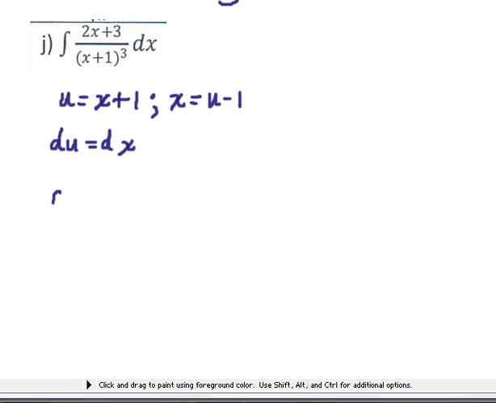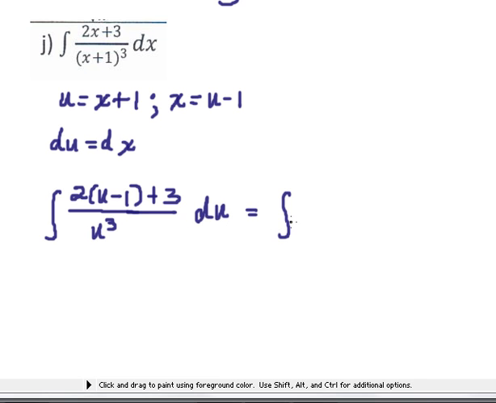Okay, so let's substitute, and in the denominator we have x plus 1 cubed, and that would be u cubed. 2x, and x is equal to u minus 1, that's 2 times u minus 1 plus 3, and dx is equal to du, so I'll just put a du here.